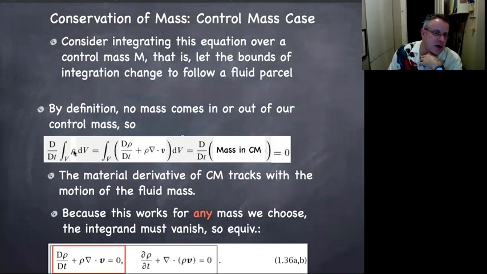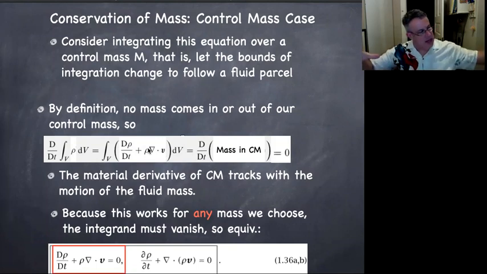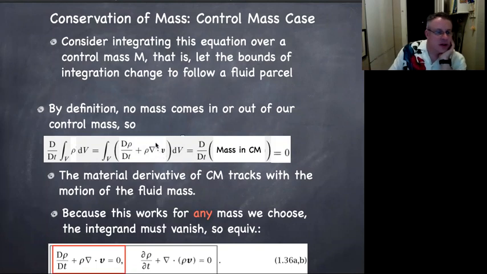Without showing that math, you can trust me that there are two parts to that. The first part looks just like this came inside. The second part is this piece, which says that it's the density times the divergence of the velocity. So think about the divergence of the velocity as being if the control mass expands or contracts altogether, that's really the rate of change of the volume of this control mass.